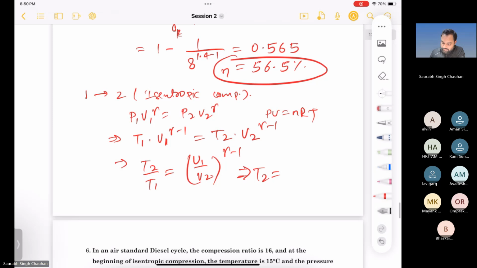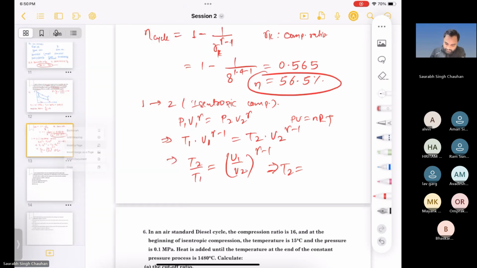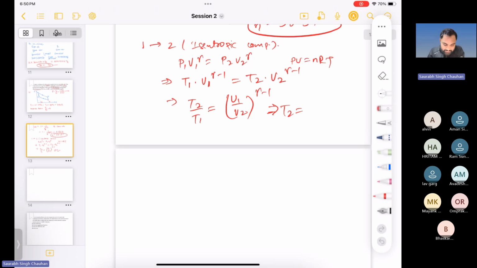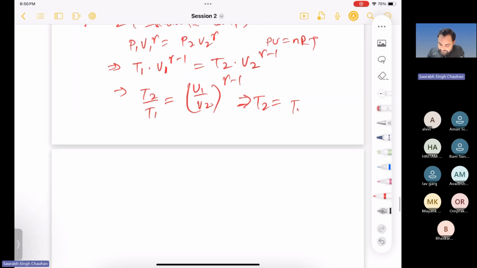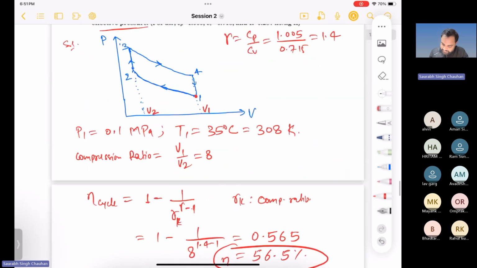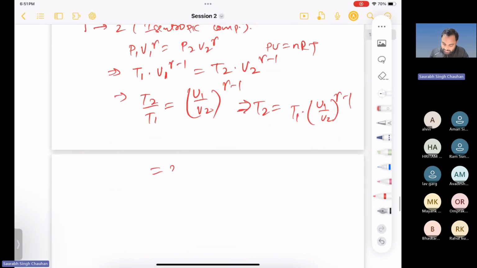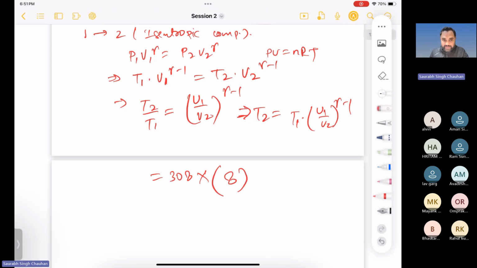So T2 will be T1 times V1 by V2 to the power gamma minus 1, and T1 is given. T1 is 308. So 308 multiplied by V1 by V2. What is V1 by V2? This is the compression ratio, and it is given to be 8. So 8 to the power gamma minus 1, so 1.4 minus 1.